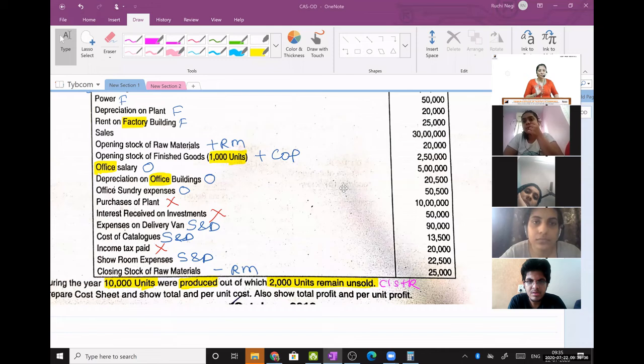We haven't done such a sum so far, because in all the sums done till now, they do mention the method. They do mention that you have to value closing stock with cost of production, or alternatively, I tell you to calculate with weighted average also, or with both the methods. But what if the question paper does not mention any method?